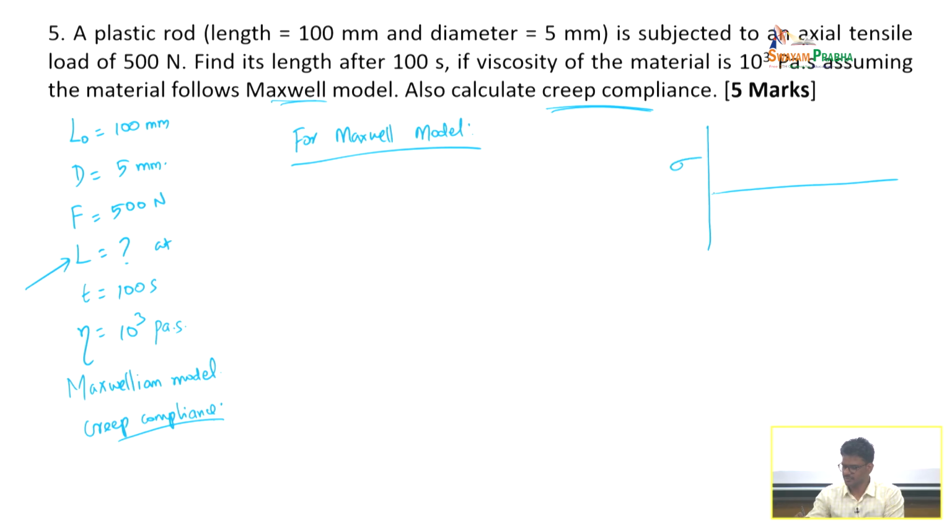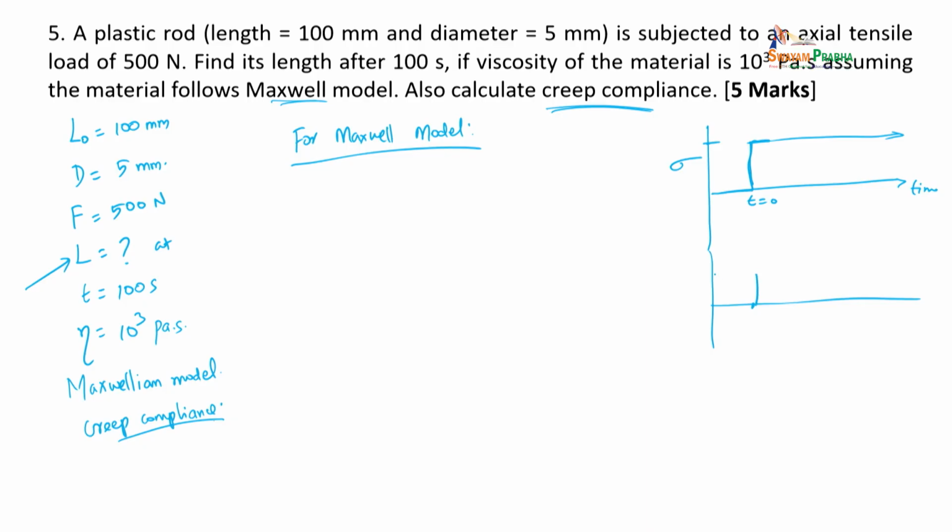If you plot stress, at time t equal to 0 we apply some 500 Newton, and then it just maintains over a period of time. Let us say this is t equal to 0, corresponding to a load of 500 Newton. So, what is the response for the strain? How would strain respond here?